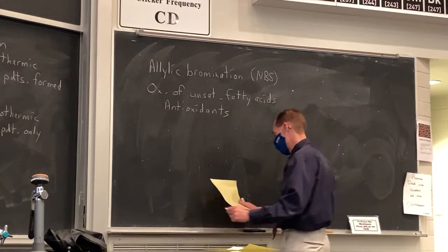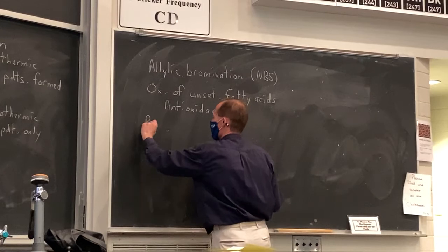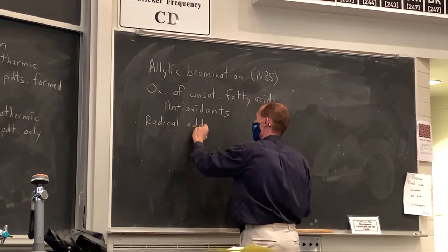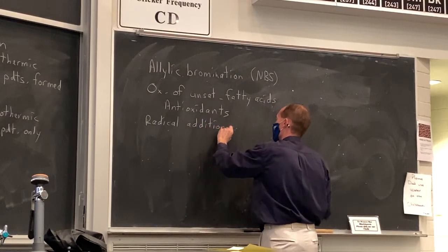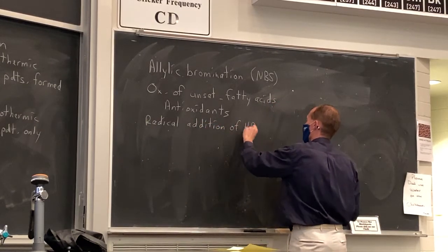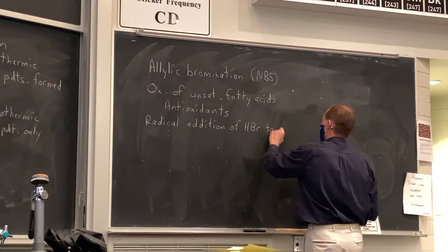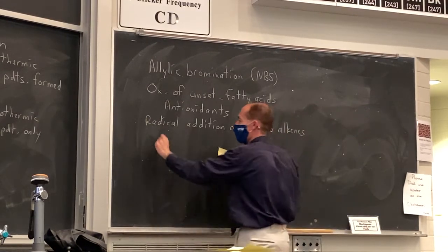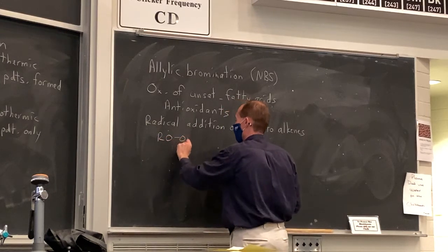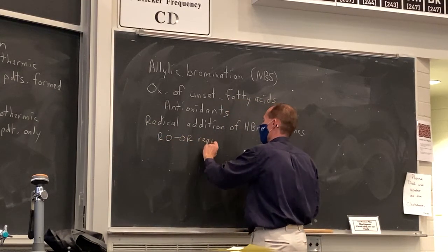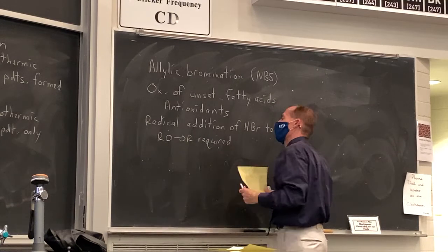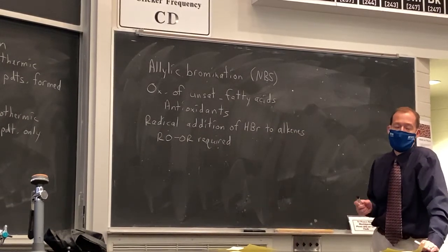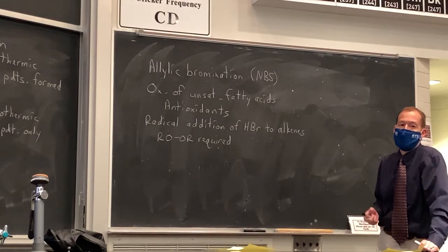Then we learned about the radical addition of HBr to alkenes. So we learned that peroxides are required. Initially, they were present as an impurity in the alkenes, and chemists were surprised when this reaction occurred and generated the less substituted alkyl halide.